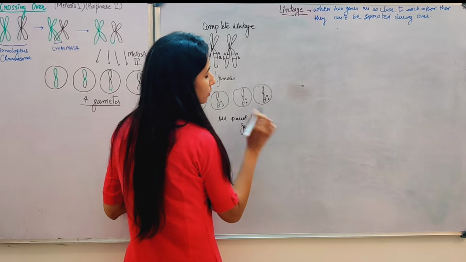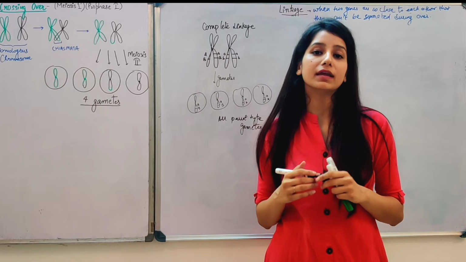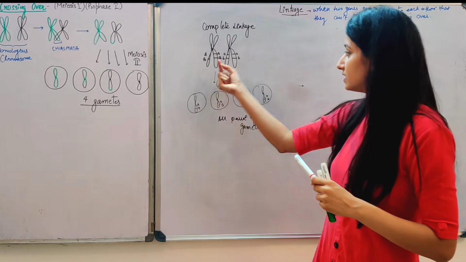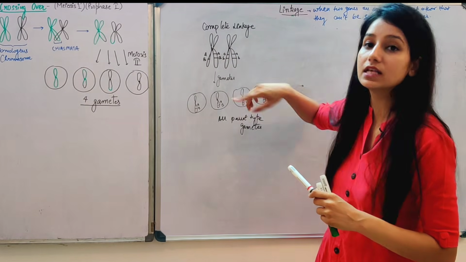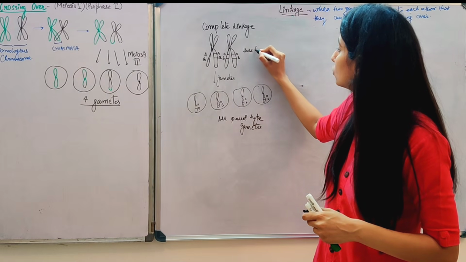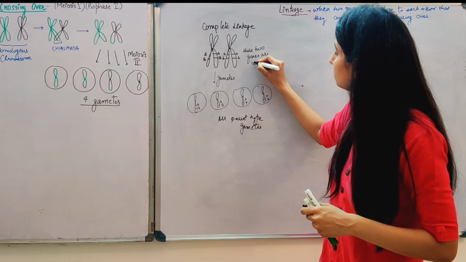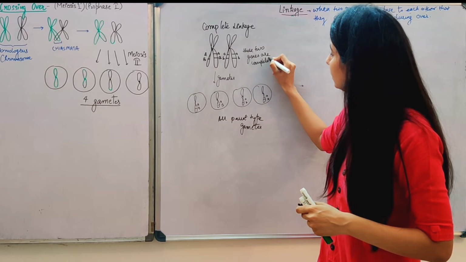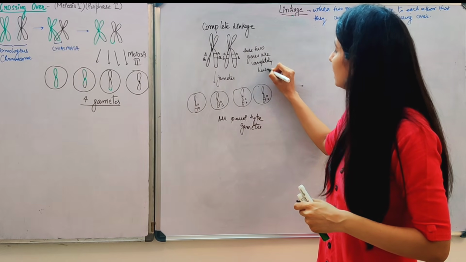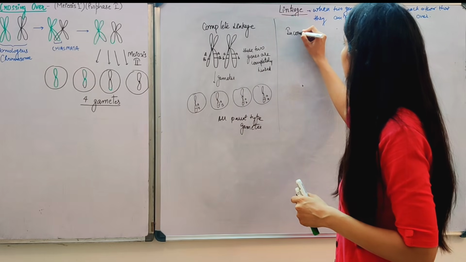So crossing over may have occurred, but no recombination has occurred. So we can say that these two genes are completely linked.